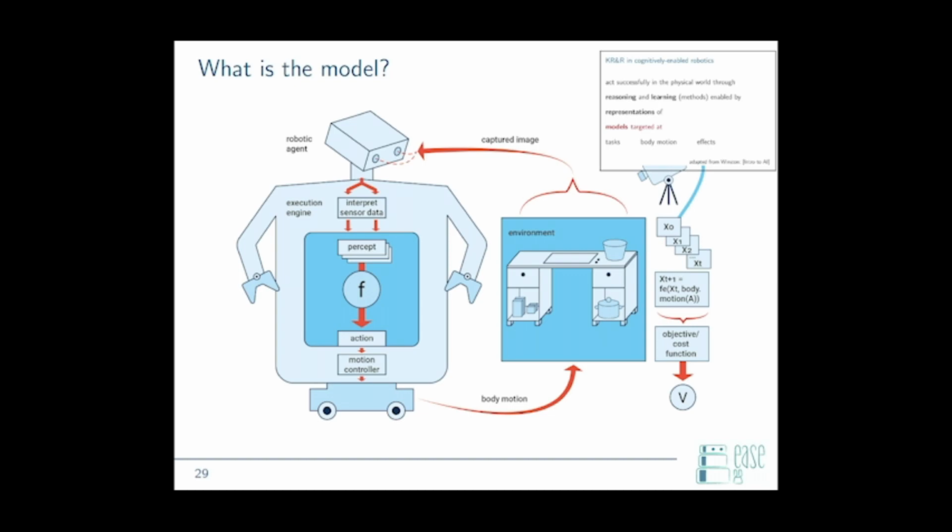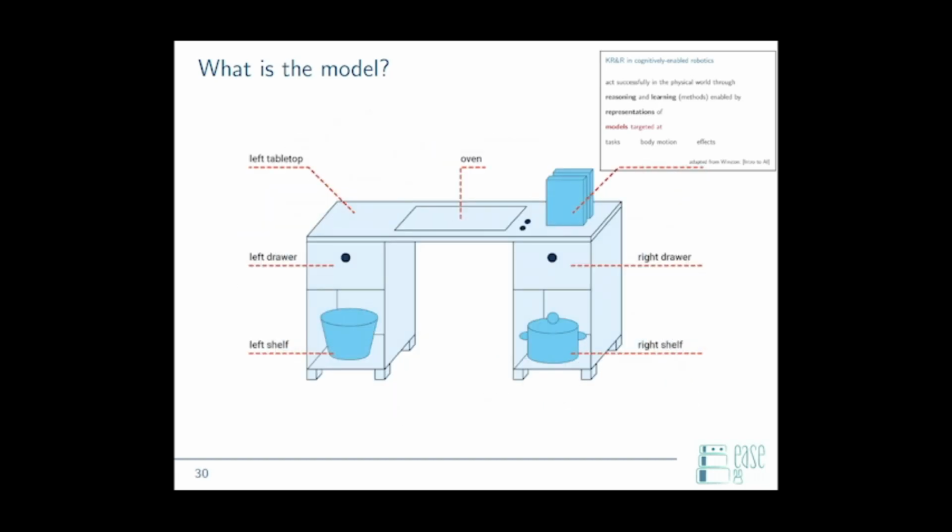The model of the environment is typically extremely coarse-grained. So if you look at popcorn, a typical representation is this. We have very few places like left tabletop, right tabletop, drawer, and the model of the system is a state transition system with atomic state transitions.